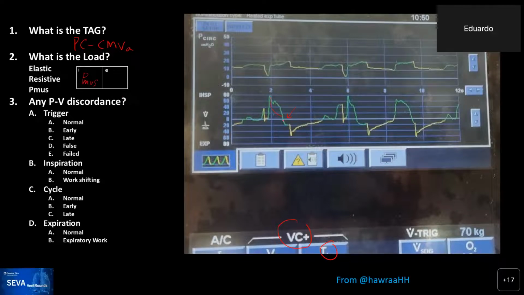And then during expiration, the patient is actually exhaling against the machine, and even though it decays exponentially, it has some irregularities that make me think that this patient is having activation of the expiratory muscles, and it's hard for me to call it resistive or elastic. I'm going to call it Pmus just because of the way it's looking. So there's evidence of effort during inspiration and expiration.